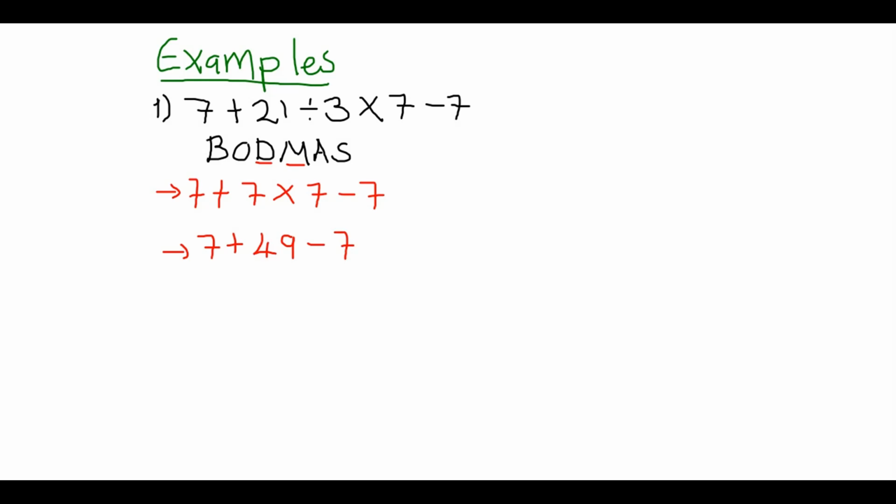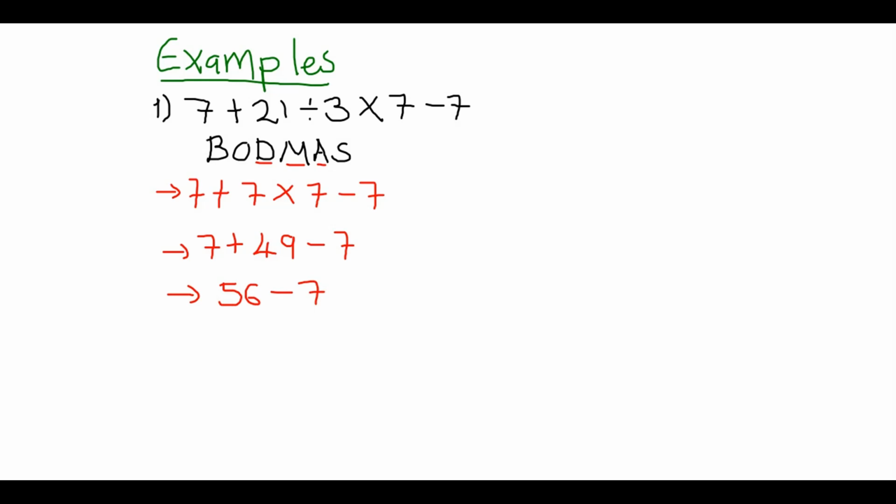That is the second step. So we are done with multiplication. If we have got addition, we go to addition. We have got addition here, these two numbers. So 7 plus 49 is 56. We write 56 like that, and then subtract 7.